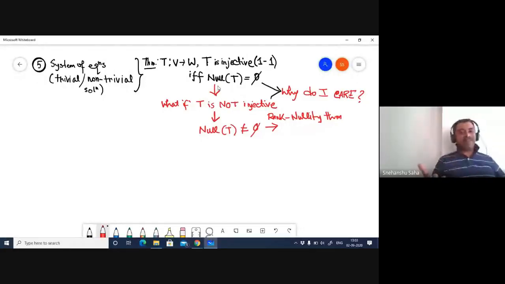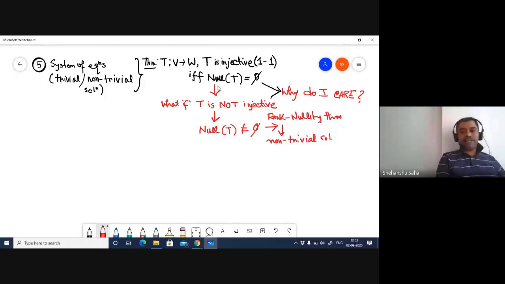We are not interested in trivial solutions. What we are interested in is whether such a system of equations has a non-trivial solution, right?